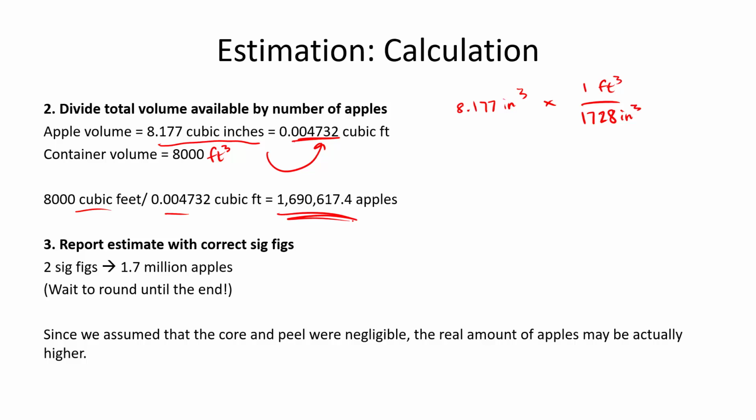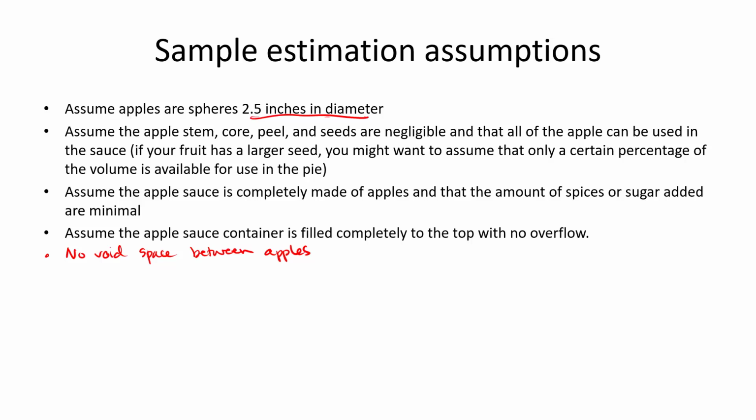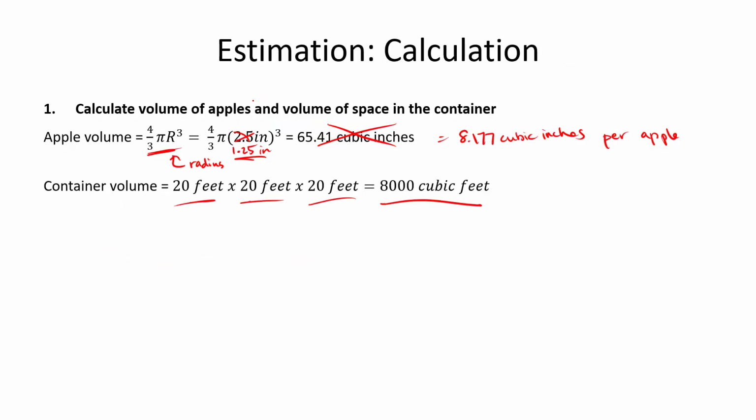And remember, when reporting our final estimate, we would need to round to two significant figures. That comes from our value of 2.5 inches in diameter. The dimensions of the container, these 20s, are exact values.